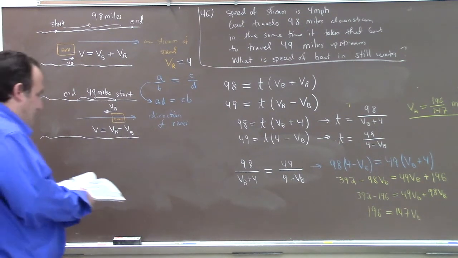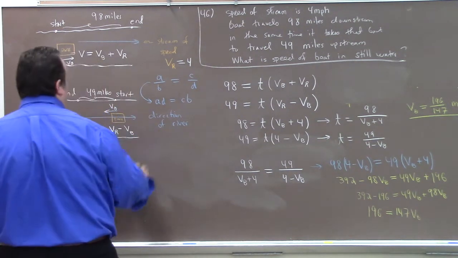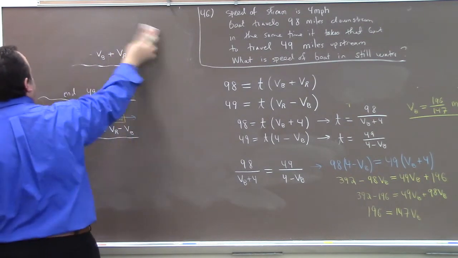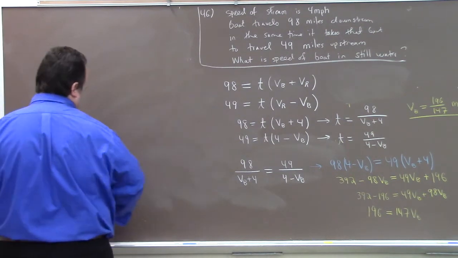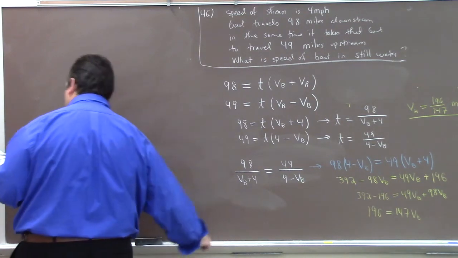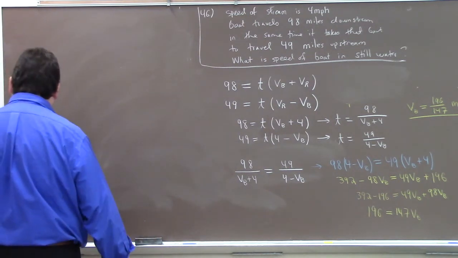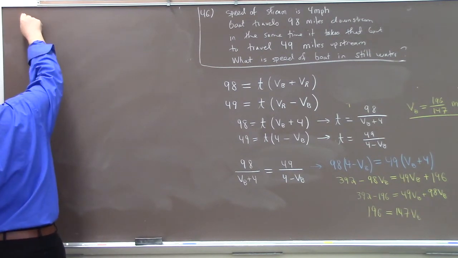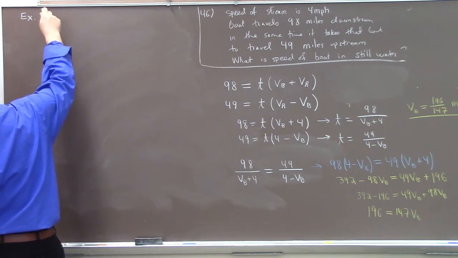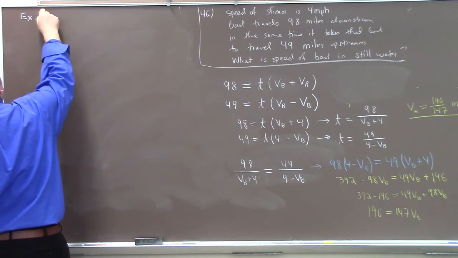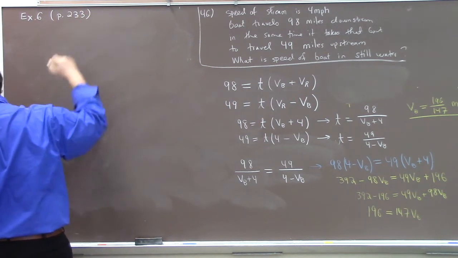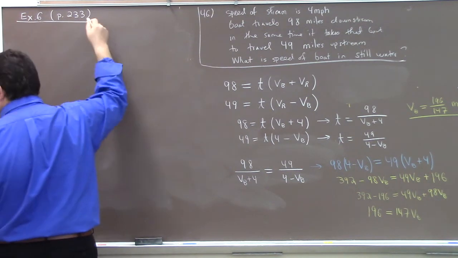See if we can work this and decide whether there's something wrong with my approach. Example 6 from page 233 of the book you guys don't read. I'm just messing with you. Page 233 of your electronic book, so whatever page means.